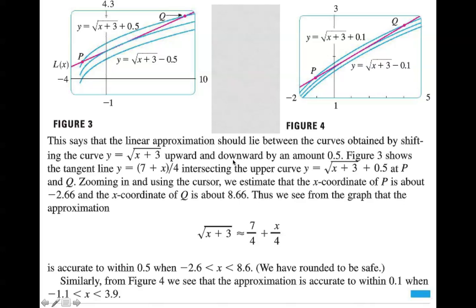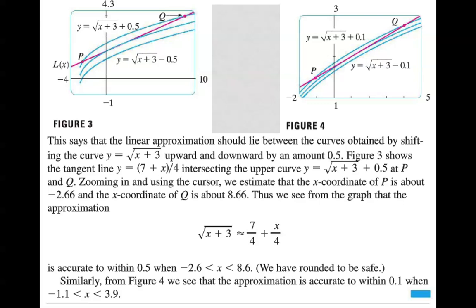That means the linear approximation should lie between the curves obtained from shifting the curve y equals the square root of x plus 3 upward and downward by the amount of 0.5, as you can see right here with what I've done. This was the original curve, the one in the middle, shifted up 0.5 and down 0.5. Thus we can see from the graph of the approximation where these points are.